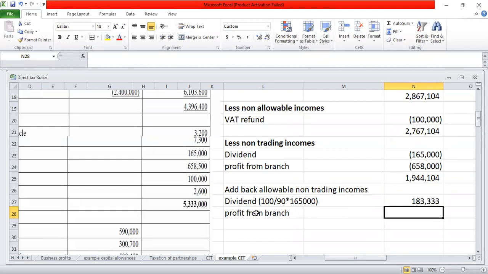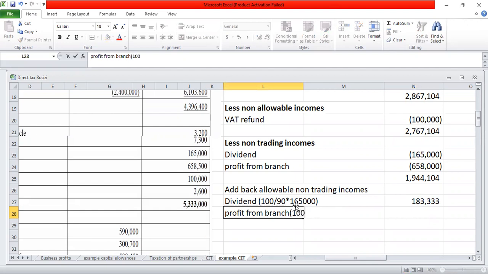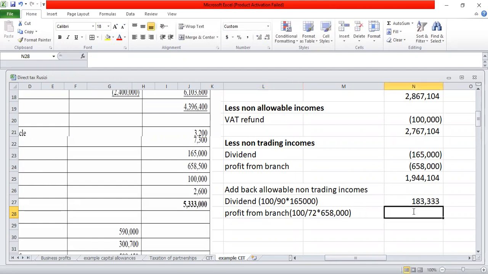The other one is profit from branch. It was taxed 28, so it will be 100 over 72 times 658. 100 over 72 times 658.